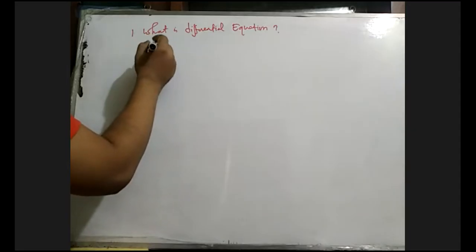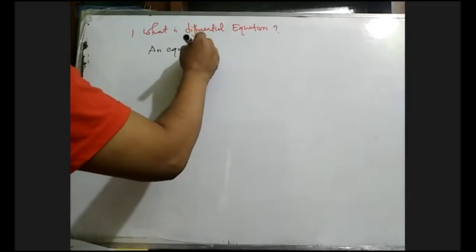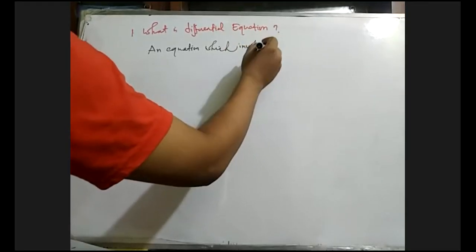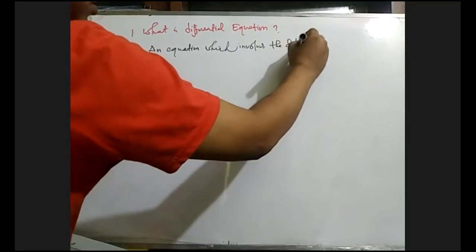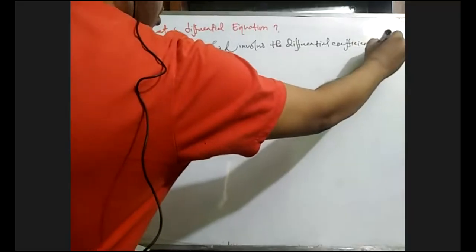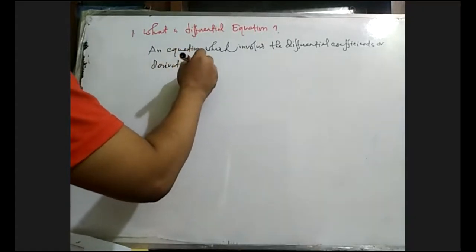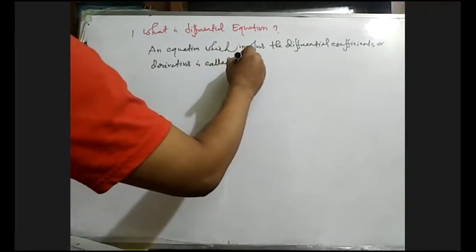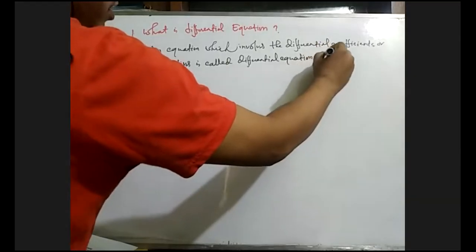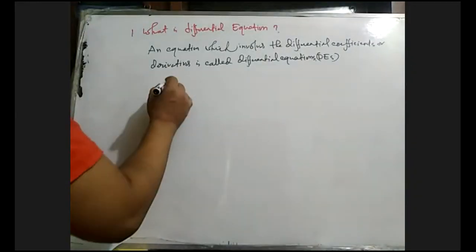The definition will be like this: an equation which involves the differential coefficient or derivatives is called a differential equation, or DE. Differential equations.